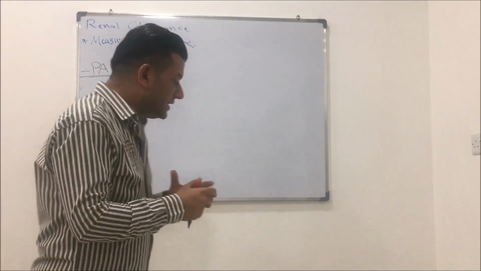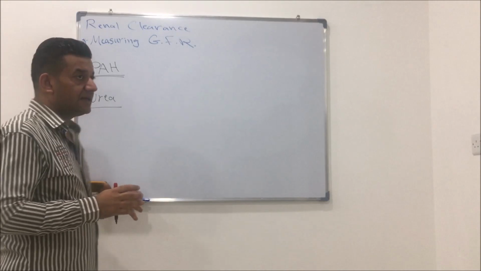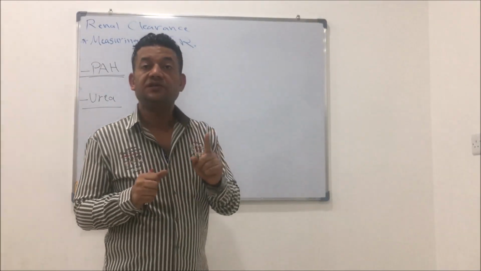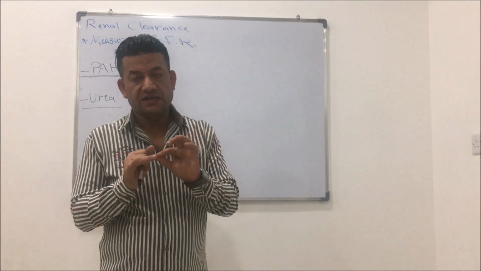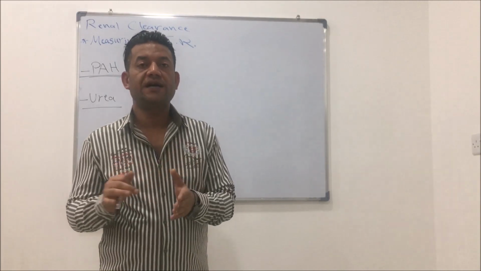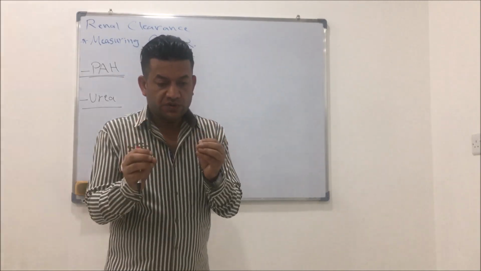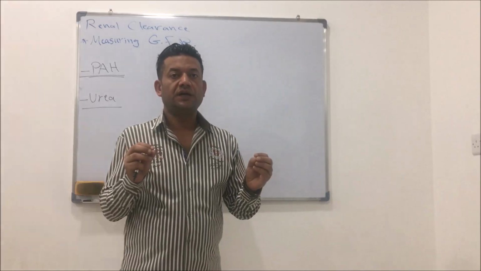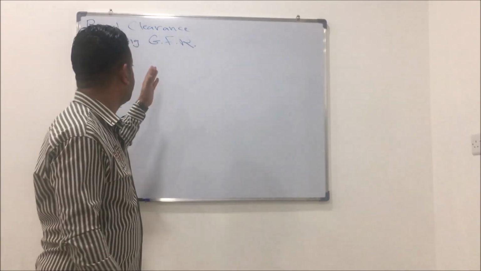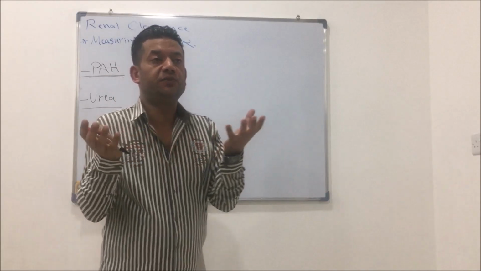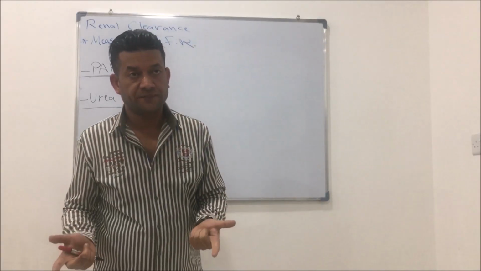So we need a substance which is not excreted and not reabsorbed by renal tubules. Why is that? Because we want the clearance of this substance to equal the GFR in order to be exploited for measuring the GFR.